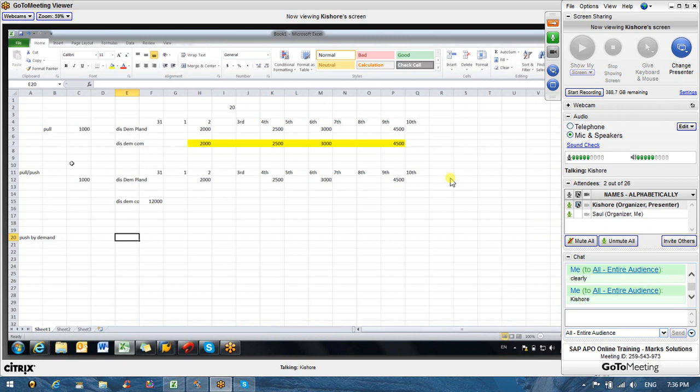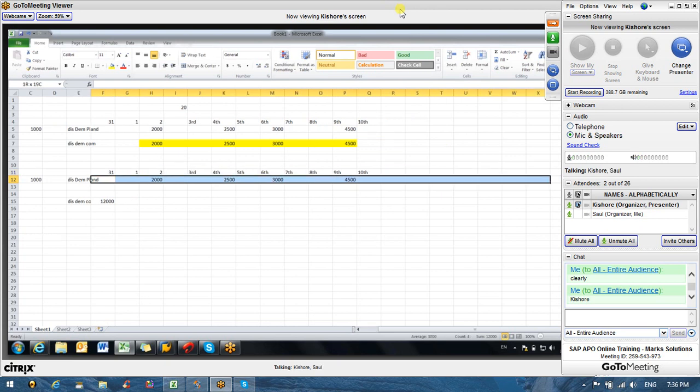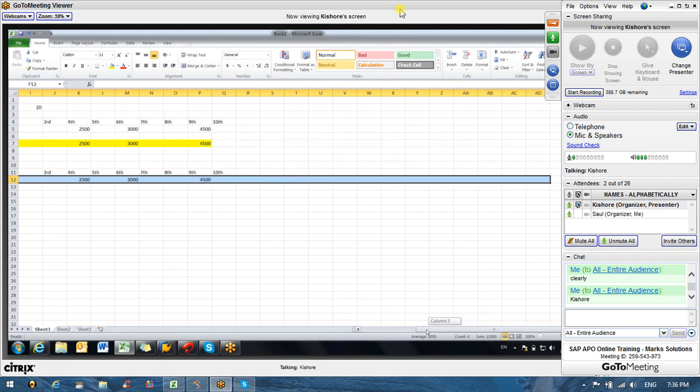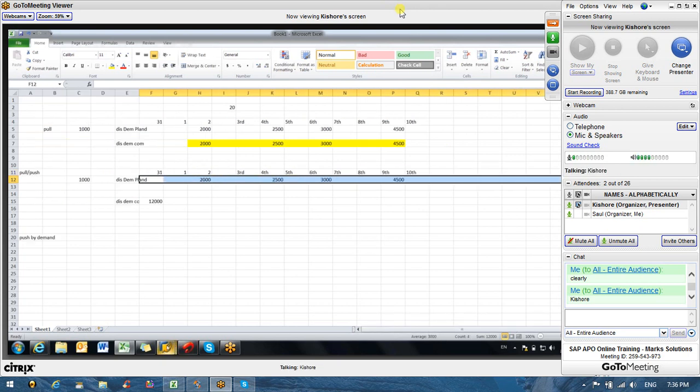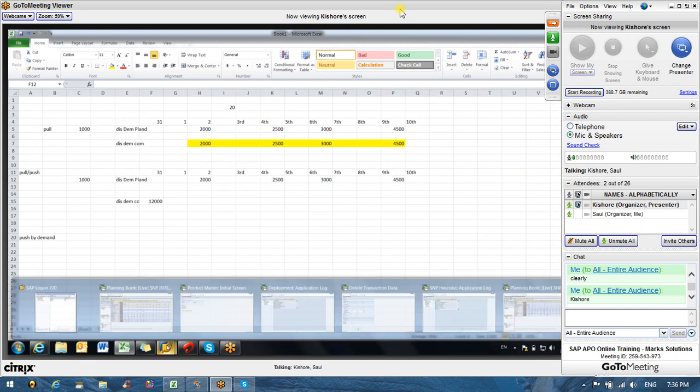Now this is push by demand. Push by demand is the same as this one, but here it will try to confirm not only 20 days of demand, it will try to confirm the entire horizon. It will ignore the push horizon that you maintain here.